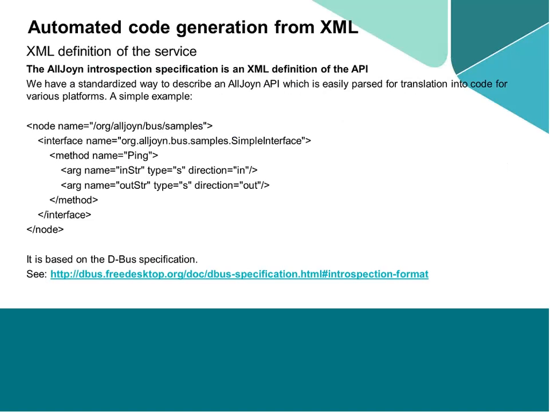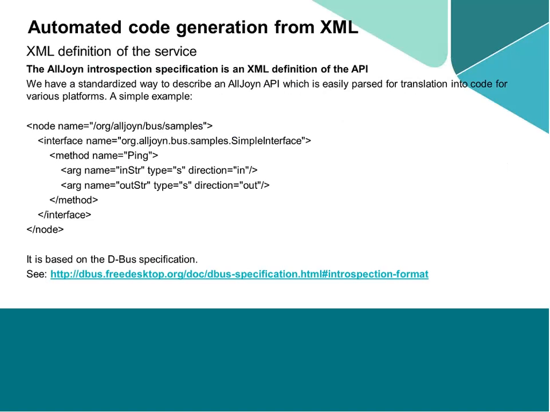So the question is then, how do we write this XML code? What does that really look like? And how do we go about writing APIs and stuff? The XML that we're using is based on the dbus specification.